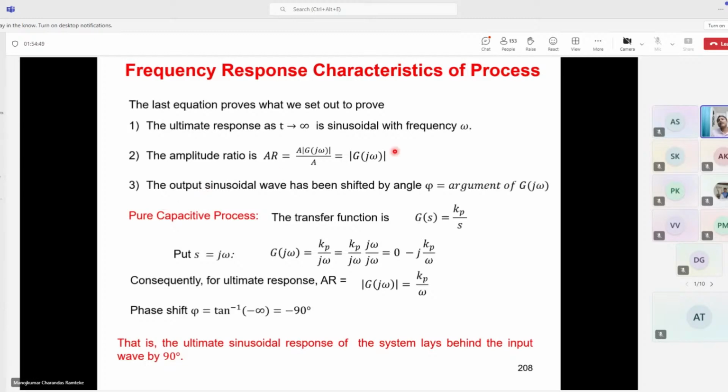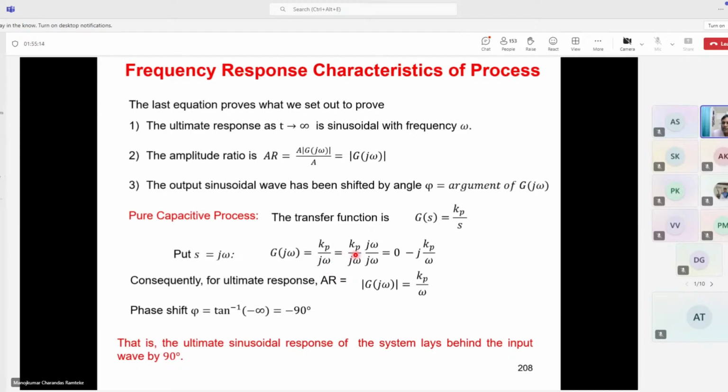Now let's apply this entire analysis to different processes. Let's say I have a pure capacitive process. What is its transfer function? The transfer function of the pure capacitive process is Kp by s. Let's replace s by j omega. That gives me Kp divided by j omega.